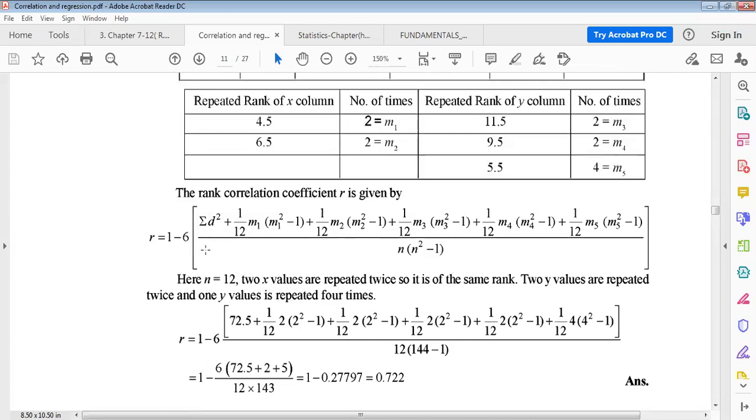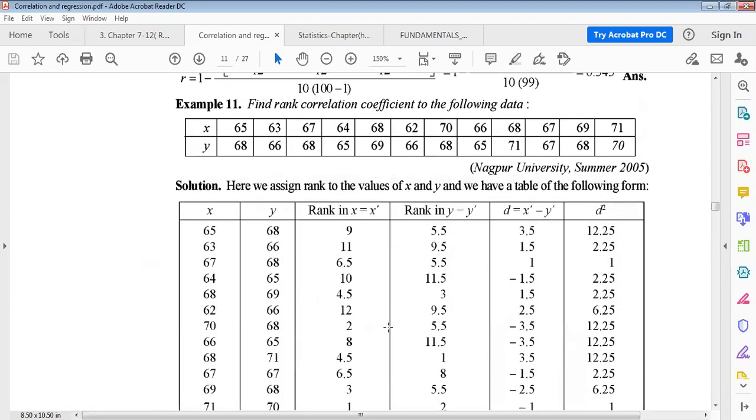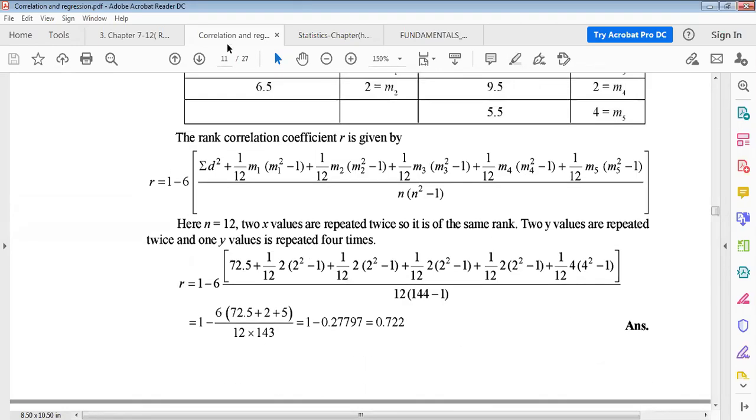Applying this table to the big equation, we get n equals 12, because there are 12 students here. This is why we get this big result, and it gives 0.722. This is the correlation between these two ranks.